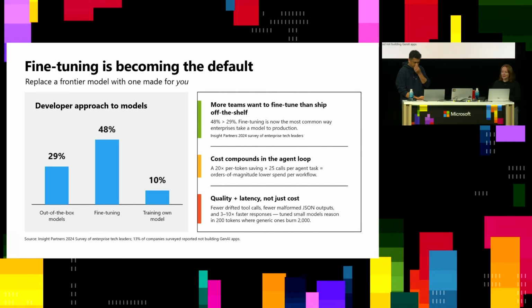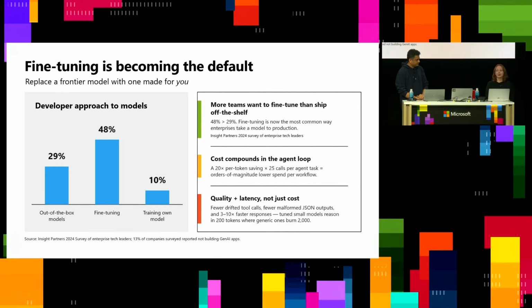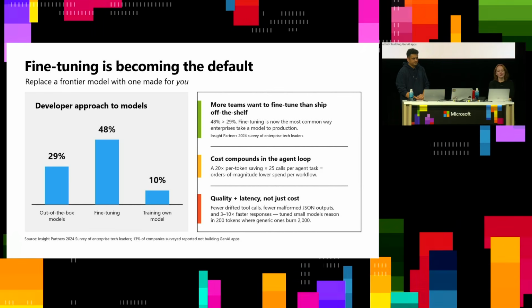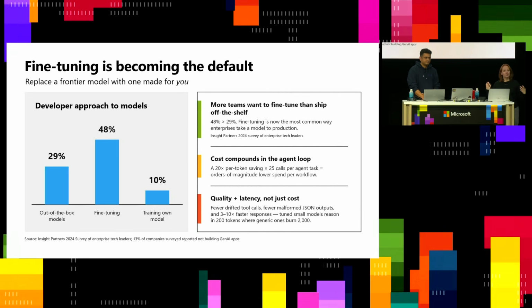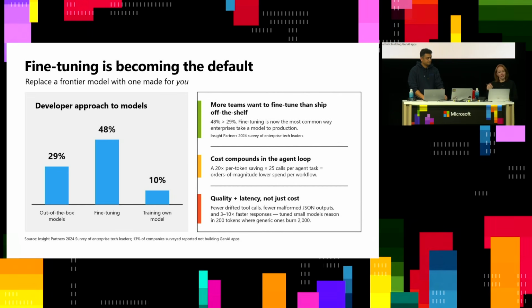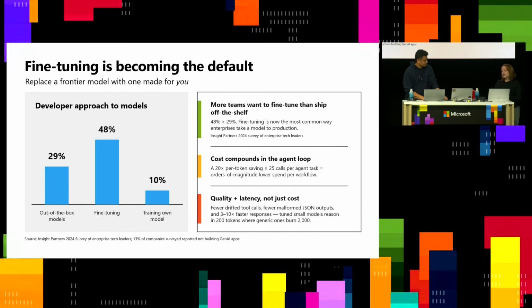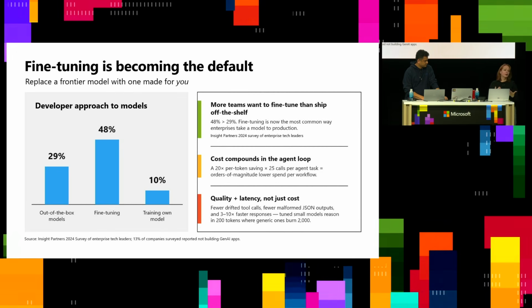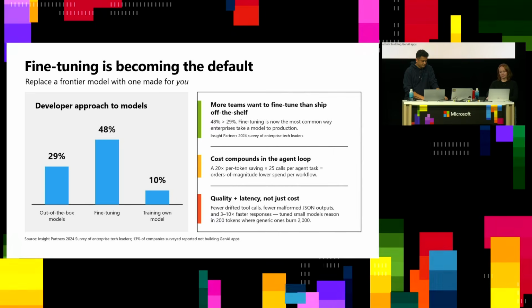And now people are starting to look at their balance sheets or their CSAT and they're saying, actually, maybe fine-tuning is for me. This really gets back to the cost compounding in the agent loop. It ends up being about quality, latency, and cost, all driving people towards this decision.